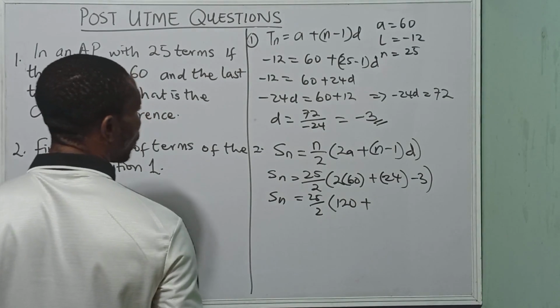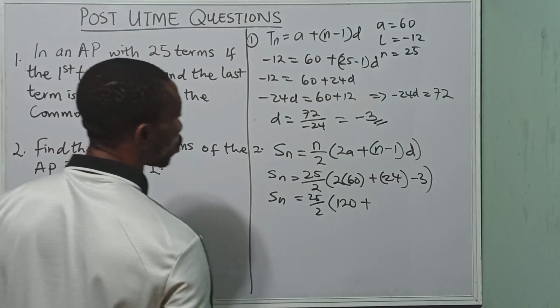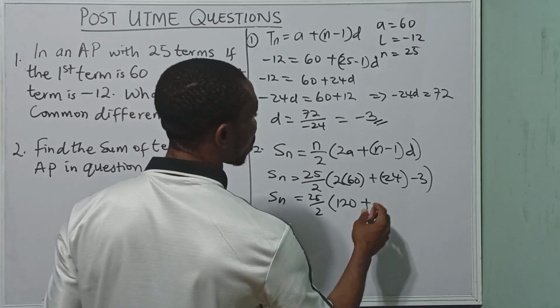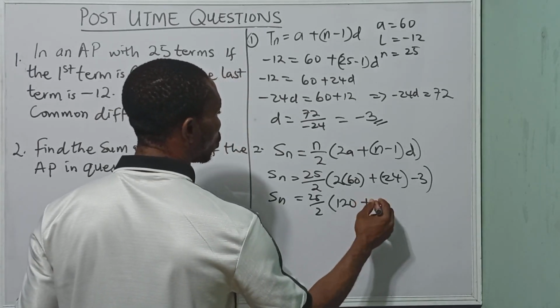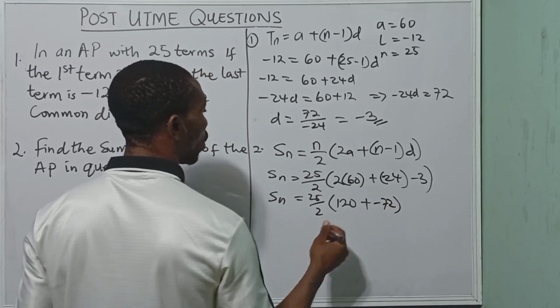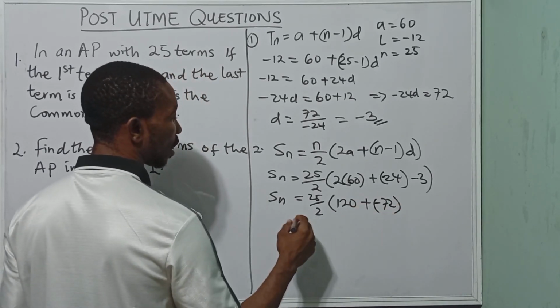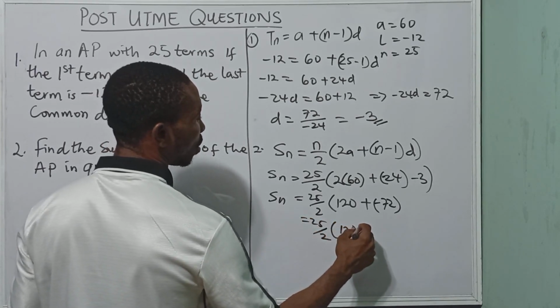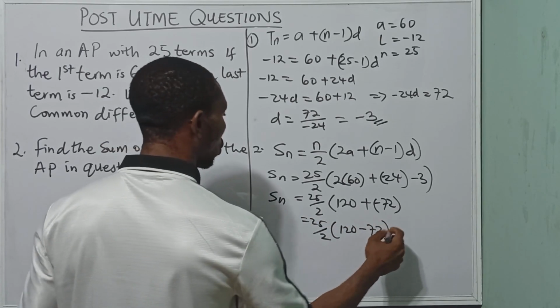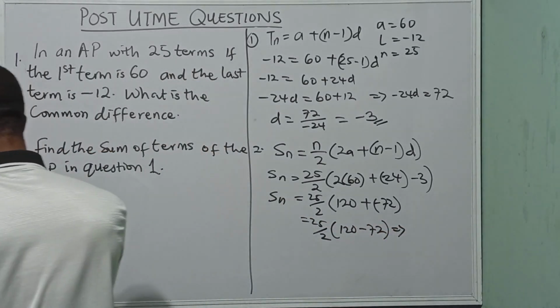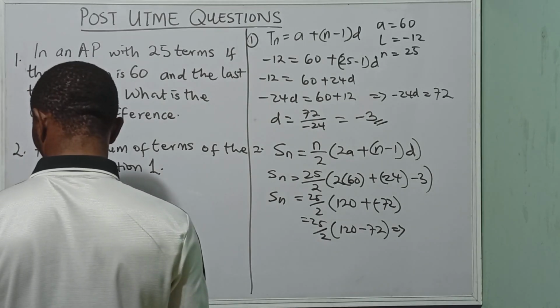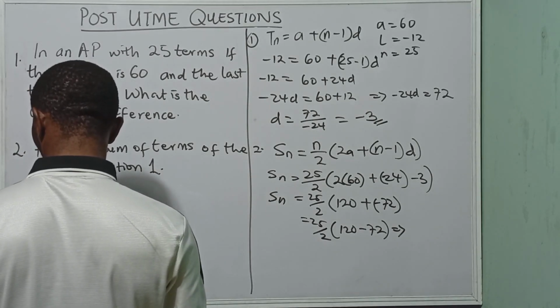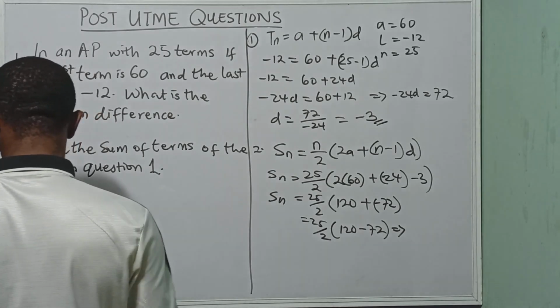Alright, now this gives us Sn equals 25 over 2 times 120 plus 24 times minus 3, which would give us minus 72. Opening up this, we have 25 over 2 bracket 120 minus 72. So 120 minus 72 would give us 48.